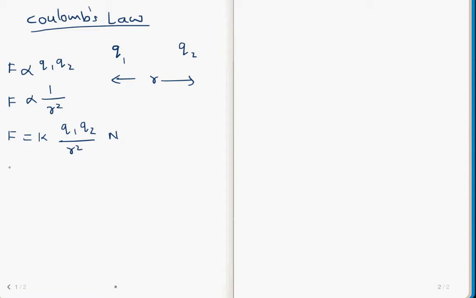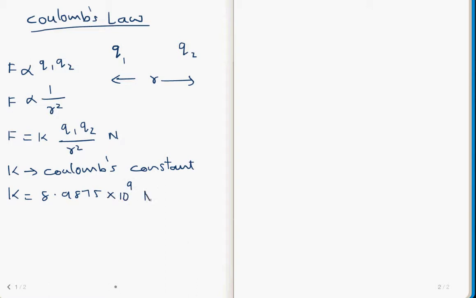In this equality, K is called Coulomb's constant, and K has a value equal to 8.9875 times 10 to the power 9.